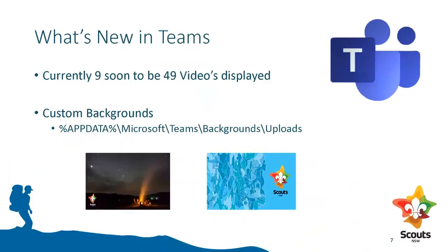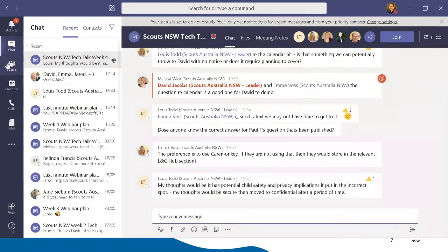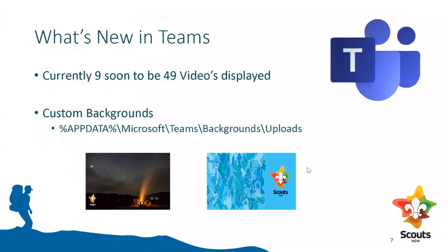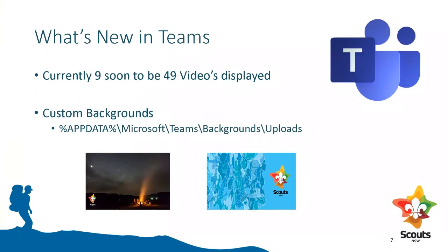Now, for those people who weren't part of week 1, your custom backgrounds are fairly easy to set. All you need to do, when you're in a Teams meeting, is wriggle your mouse, you'll get the 3 buttons, click on the 3 dots, and there will be a manage your background option there.